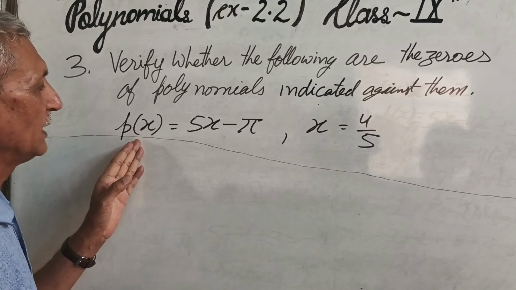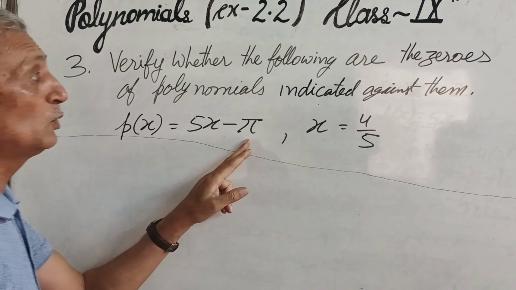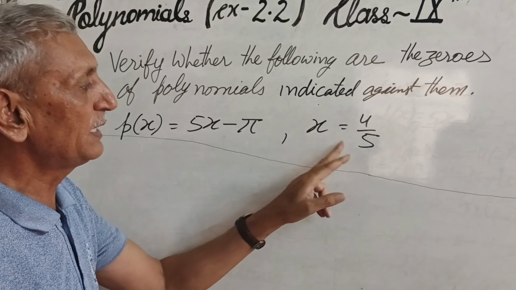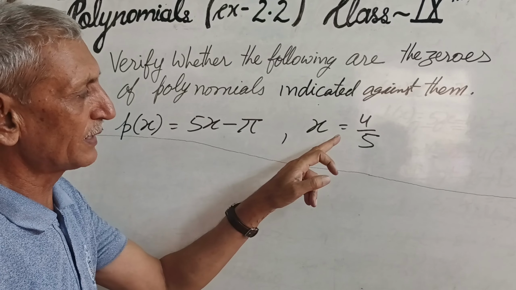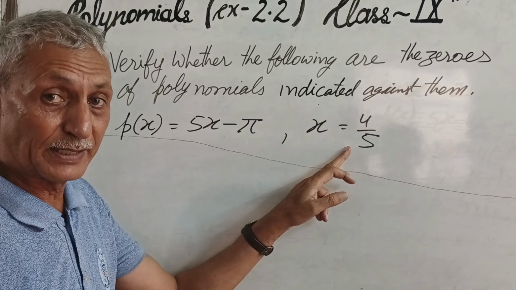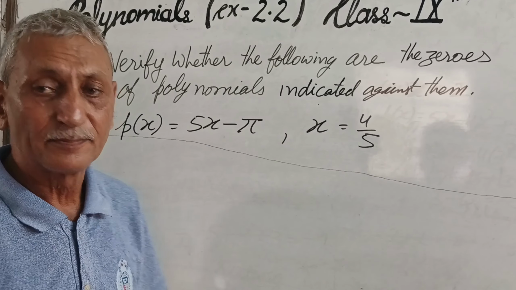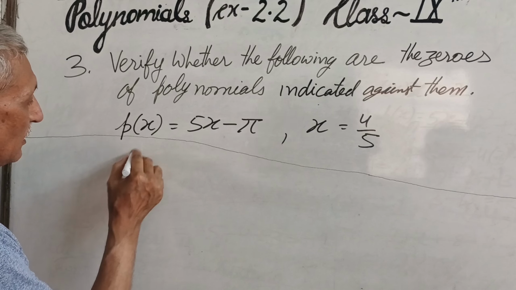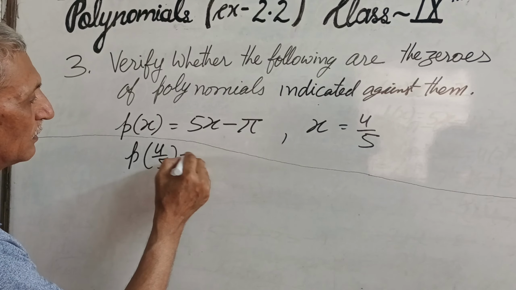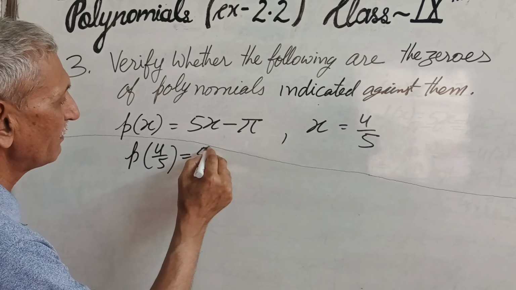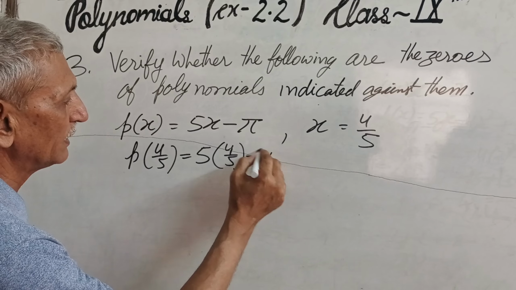Let's consider part 2. See, the given polynomial is 5x minus pi, and we have to check whether this is the zero of the polynomial. In case it has to be the zero of the polynomial, putting this instead of x should make it 0. Let's check. The polynomial at 4 upon 5 will be 5 into 4 upon 5 minus pi.